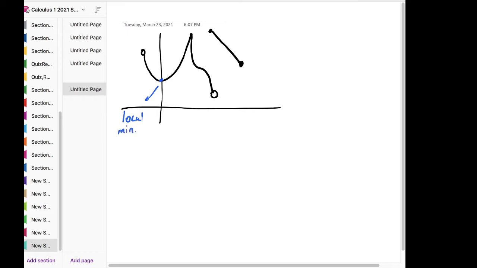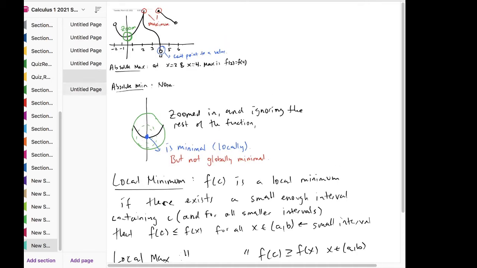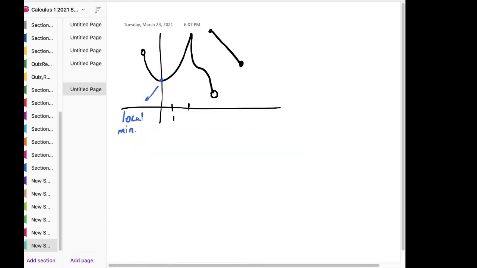Okay, so if this is a local minimum, can you see any local maximums? Maxima? So what were the points again? 1, 2, 3, 4, 6. Can you see any local maximums? State the x value where a local max occurs.